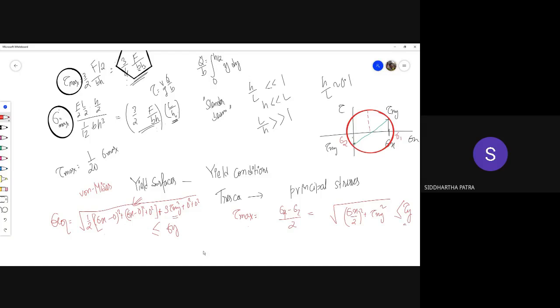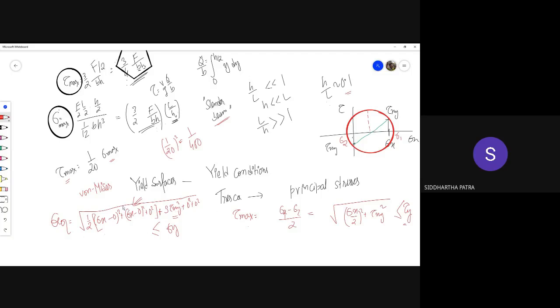Now, if h by L is around this much, in order for the beam to be considered slender, then tau max is this much, right? And in a situation like that, you can imagine how much 1 by 20 squared is, right? This one is 1 in 400.